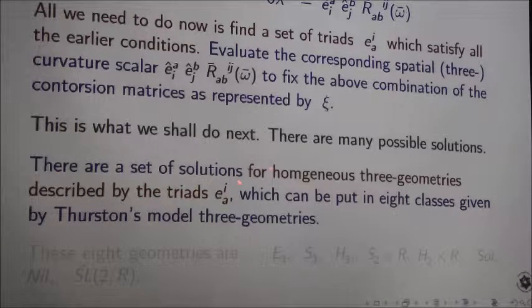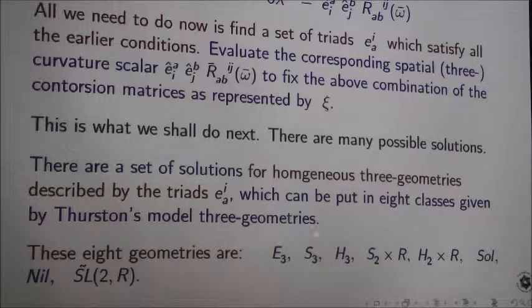There is a particular set of solutions for homogeneous 3-geometries described by triads e^R. As you may or may not know, homogeneous 3-geometries are completely classified and they fall into 8 classes, which are the 8 classes given by Thurston's model 3-geometries.